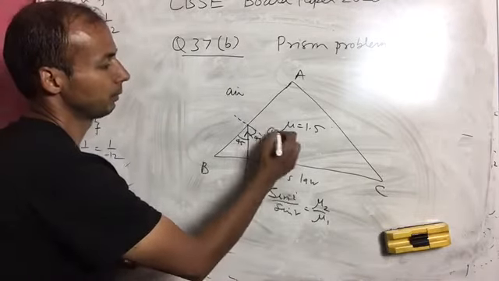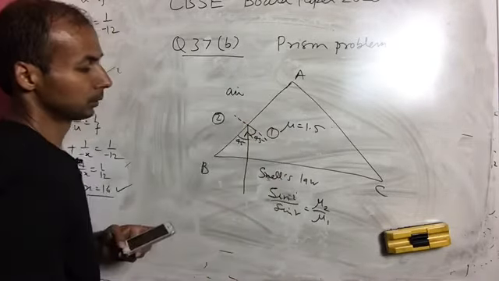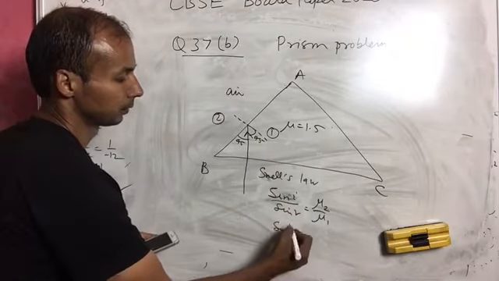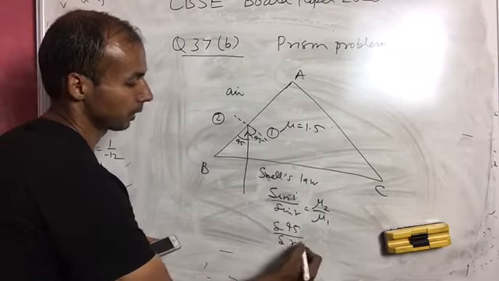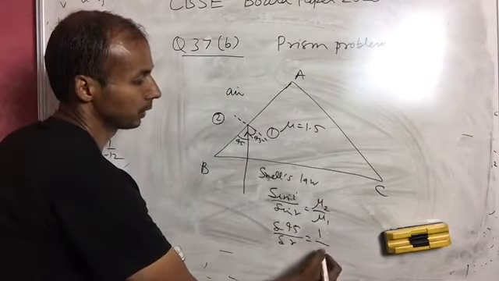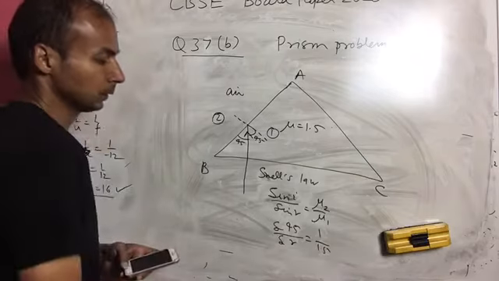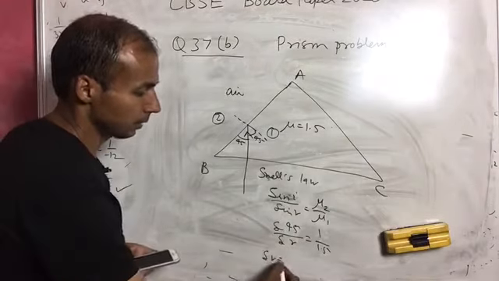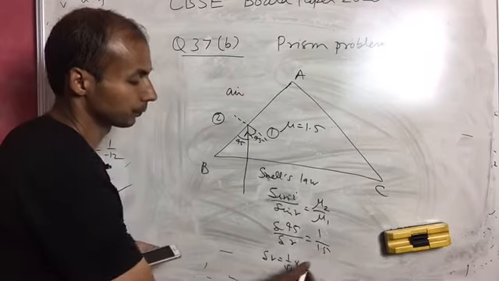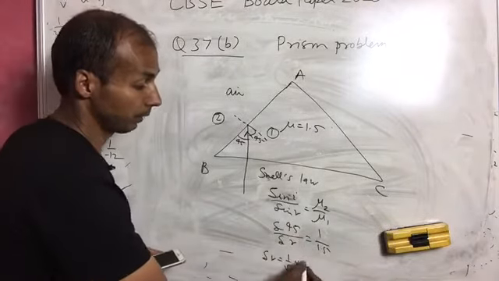Light is going from medium 1 to medium 2. So sin I, angle of incidence, is sin 45 by sin R, which we have to calculate. R, mu 2, refractive index of this is 1, mu 1 is 1.5. So we get sin R value as sin 45, which is 1 by root 2 into 1.5, which is 3 by 2.